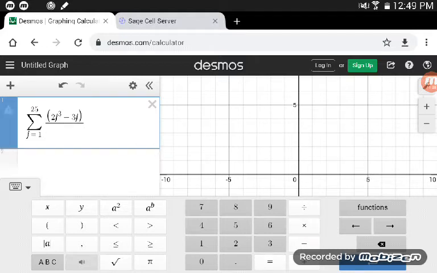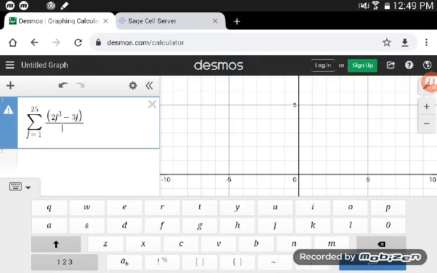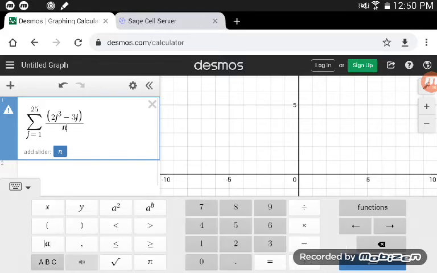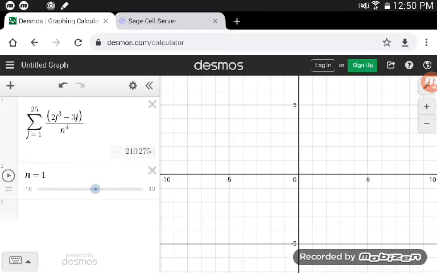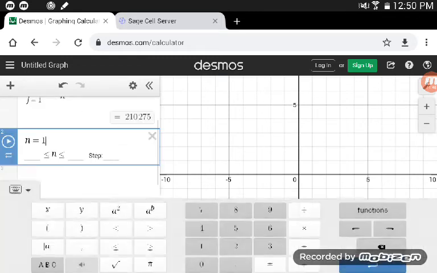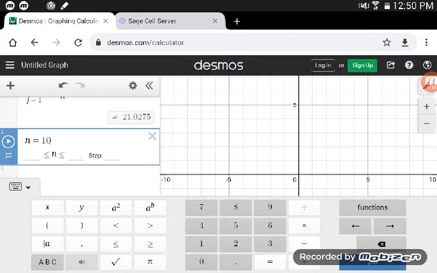So divide n, okay, back to the symbols, to the 4th, and then we'll add the slider n, and I can just make it 10, and it says it is 21.0275.